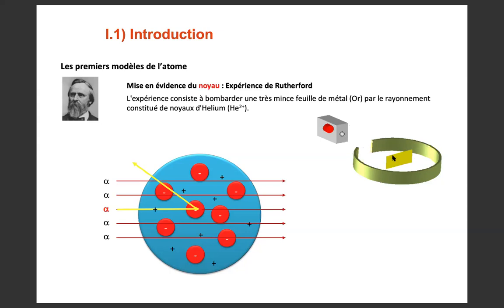Because the nucleus of an atom is made up of protons and neutrons, it is denser and has more substance. Because of that principle, the alpha particle had to deflect.